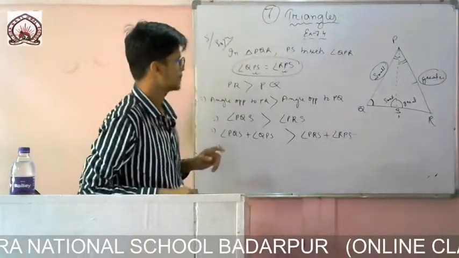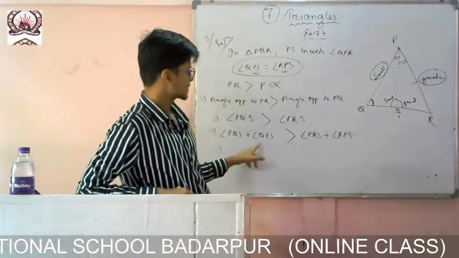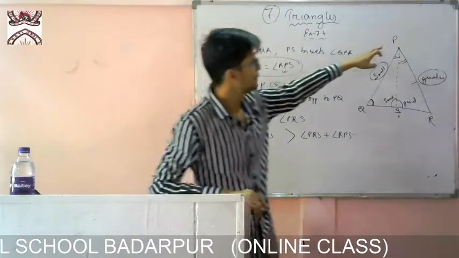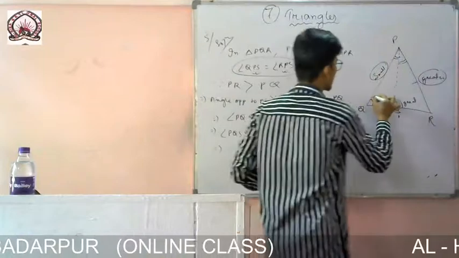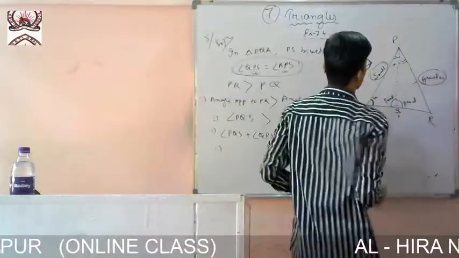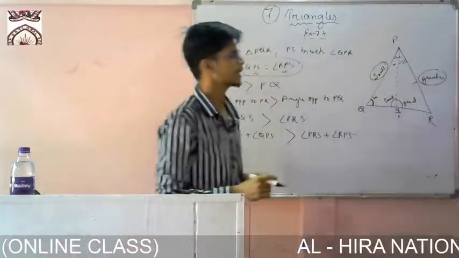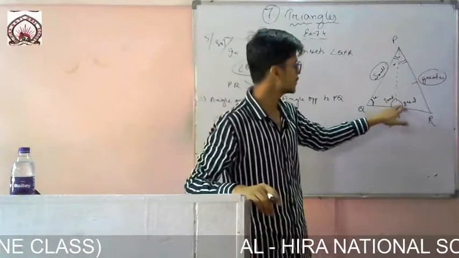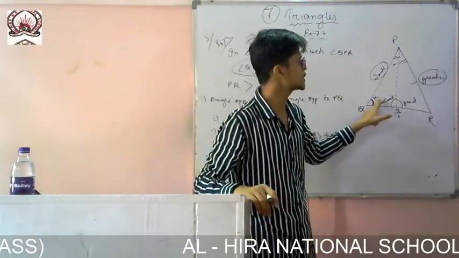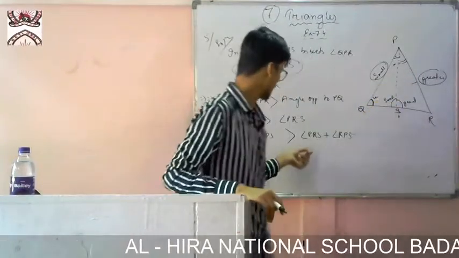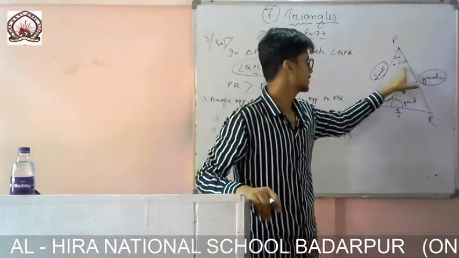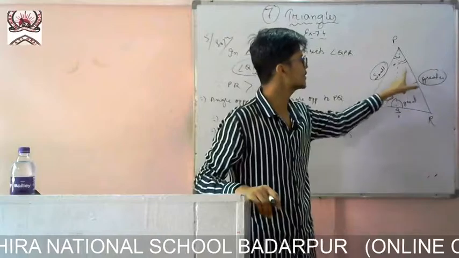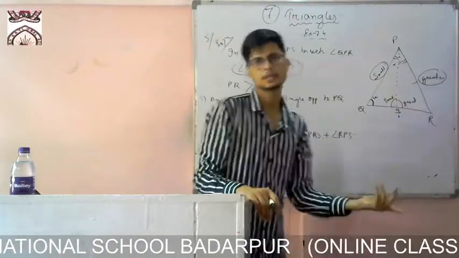So now you see PQS plus QPS. So this angle and this angle, what can I write? We know the exterior angle property: the exterior angle will be equal to the sum of the two interior angles. And there also PRS, that means this one and that one. Again I can write the exterior angle will be equal to the sum of two interior angles.